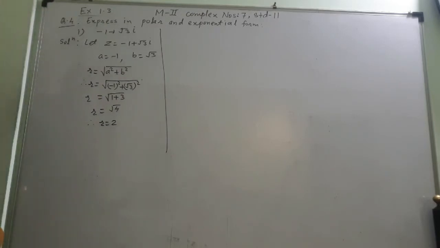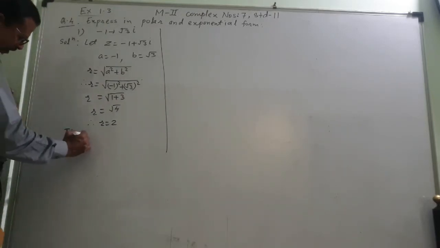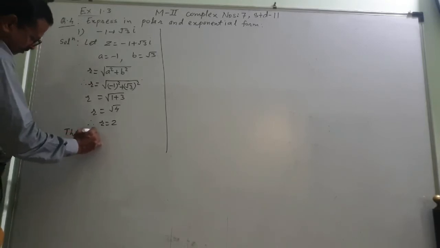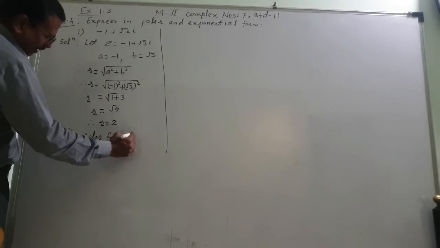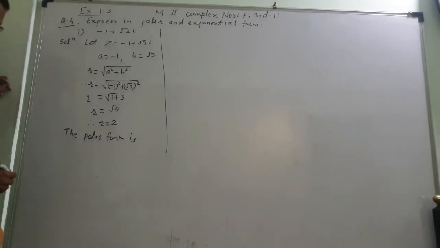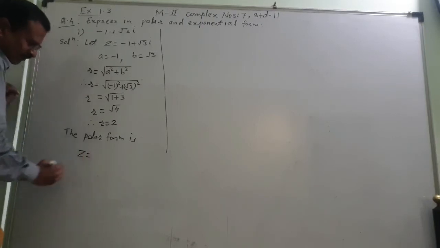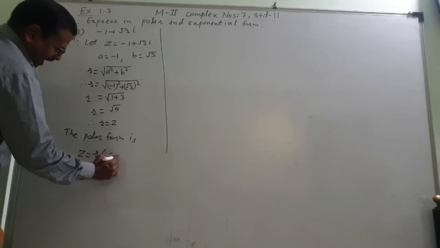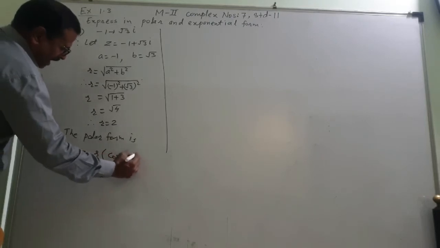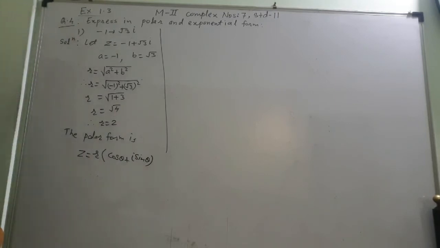Now how to write the polar form? The polar form is, what is that? Z equal to r into bracket cos theta plus i sin theta. This i will always be for sin. Why?